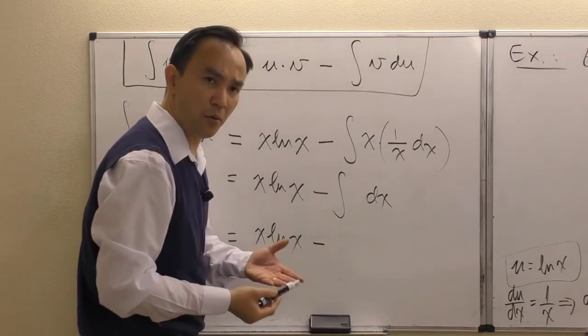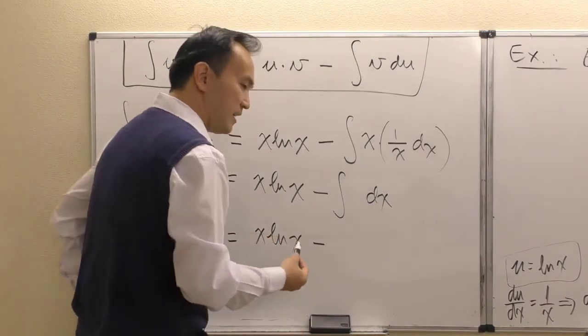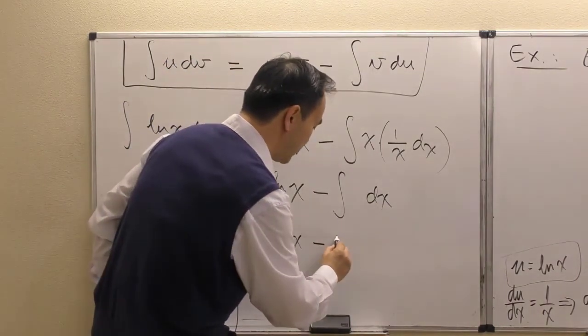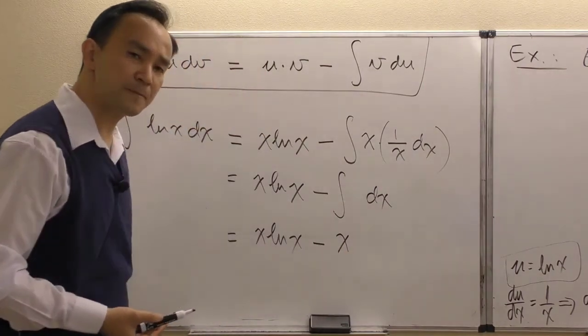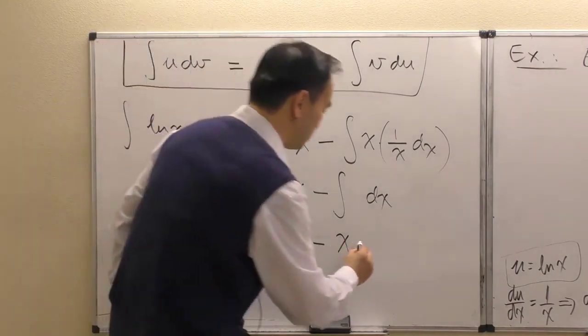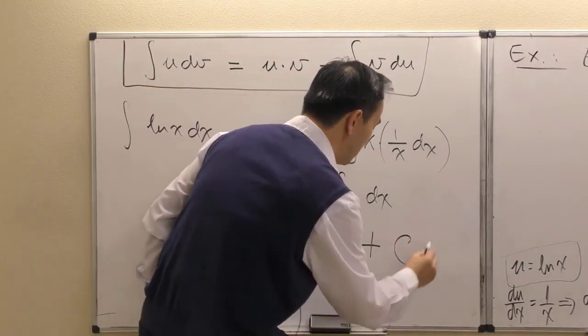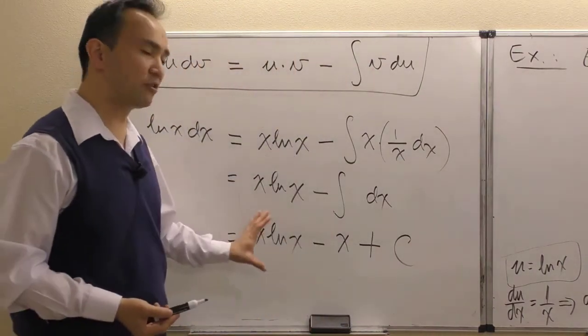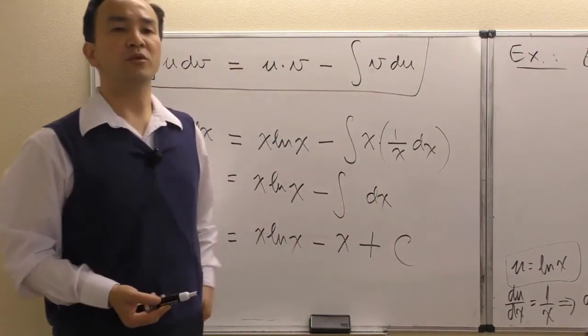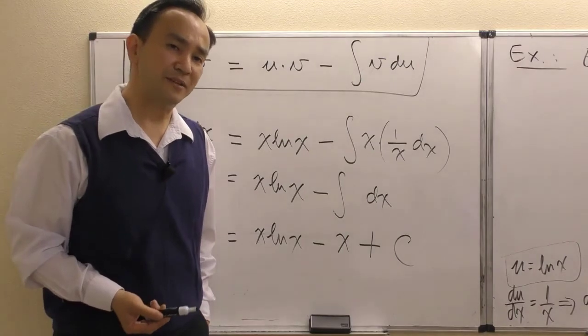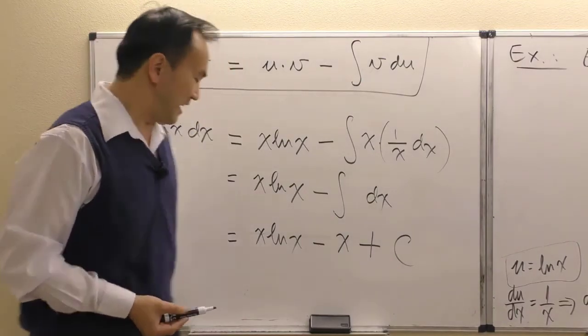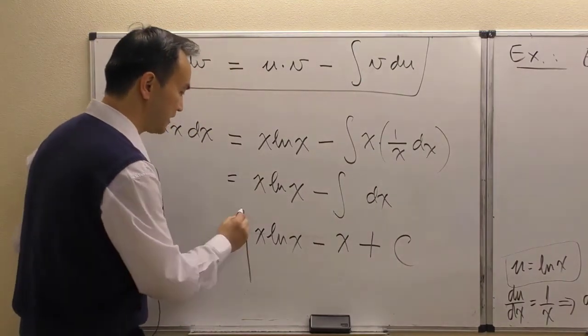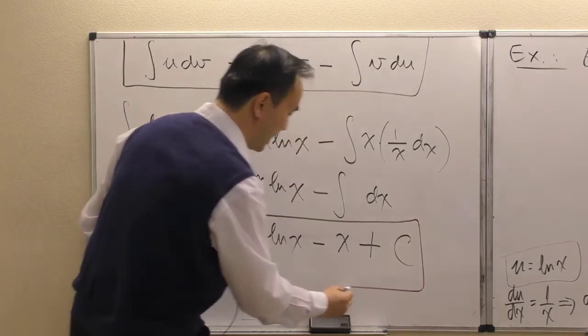So 1 dx, as we're integrating it, becomes just simply x according to the power rule. And now this final answer needs to have a plus c because this is our ultimate antiderivative that we were looking for. So this is now going to be our final answer.